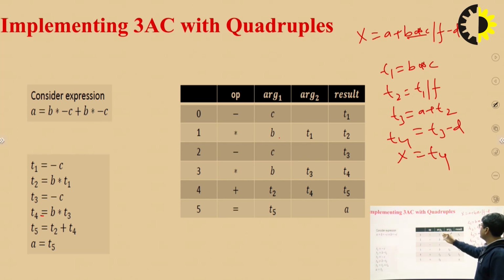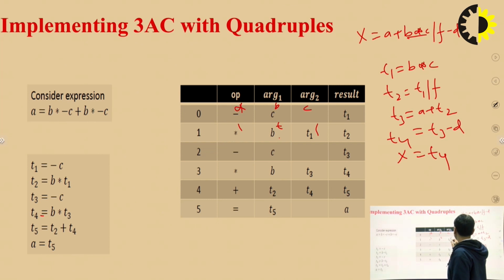After that, you have to convert it into the quadruple table. You put a star here, then B, then C, then T1. Then you put a slash here, and T1 and F and T2. Then again you put plus, then A, then T2, and here T3 is there.